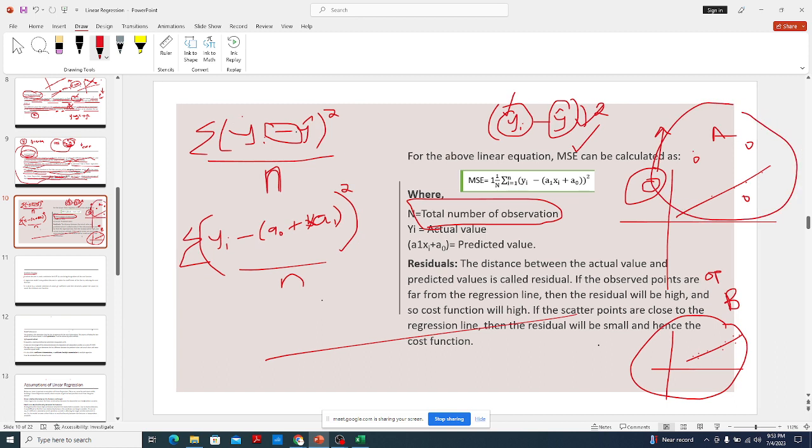In case we get this kind of model, what can we do to make it better? It is by optimization, meaning we are trying to minimize these errors.